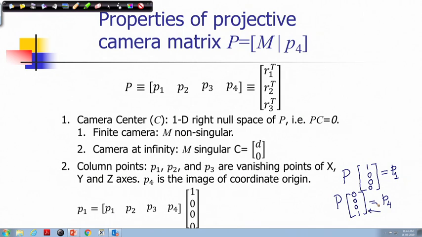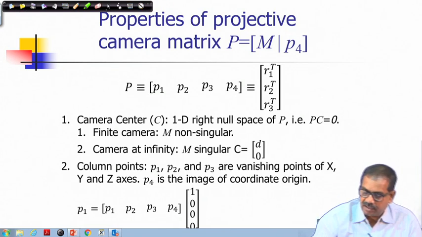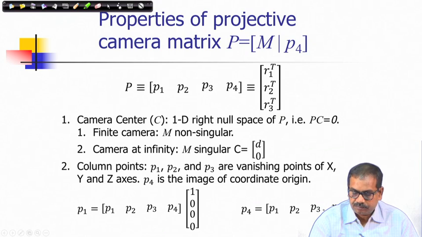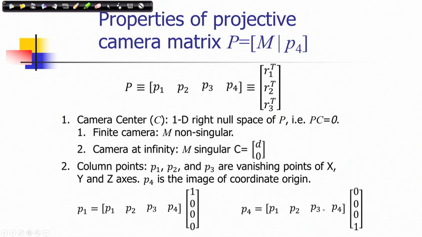This is not a point at infinity, because its scale value is 1, and this is a physical point in the space itself. And what is this point in the 3-dimensional space? It is simply the origin. Which means P4 is the image coordinate of the origin. This is the other property. So this is about P4.